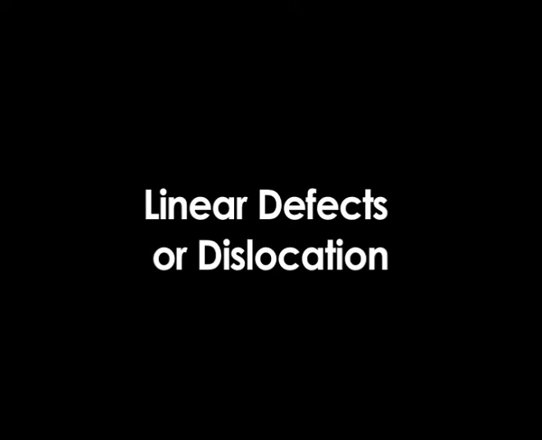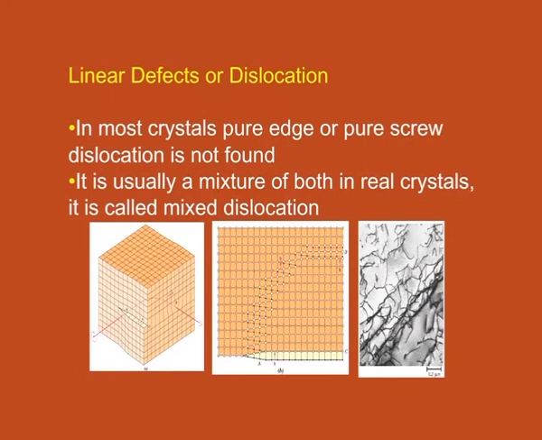As we discussed, linear defects are of two types, and in a pure crystal it is very difficult to find a particular type of linear defect. As we said, they are of two types, that is screw dislocation and edge dislocation. If we look at the following figure, we can see that both the screw dislocation as well as edge dislocation are represented.